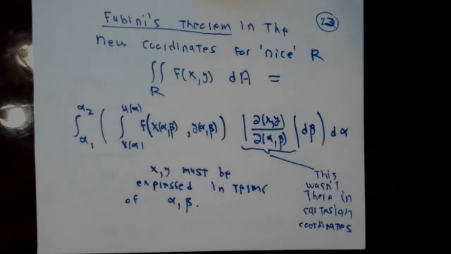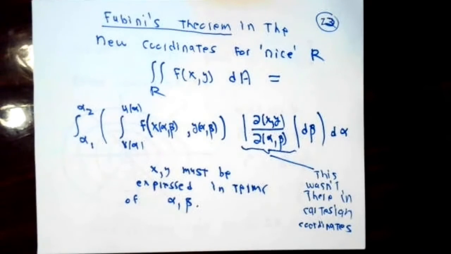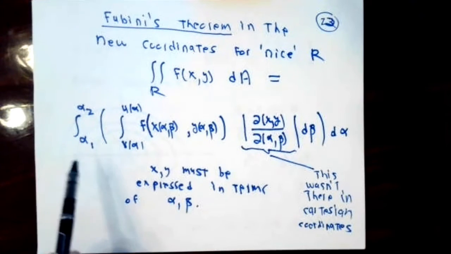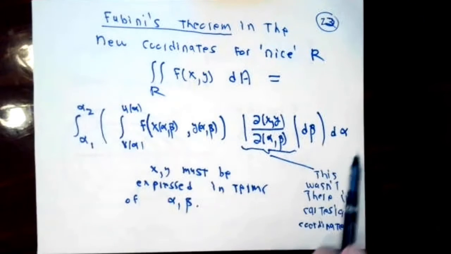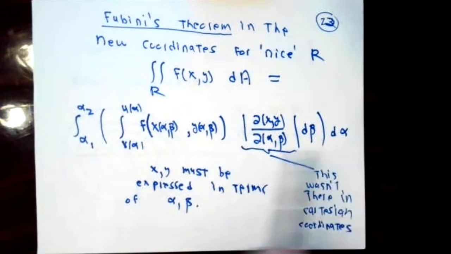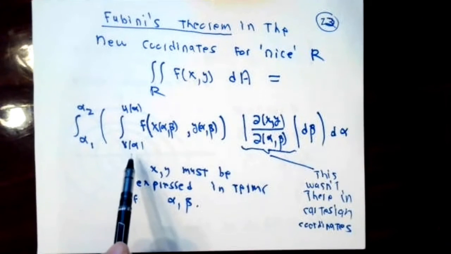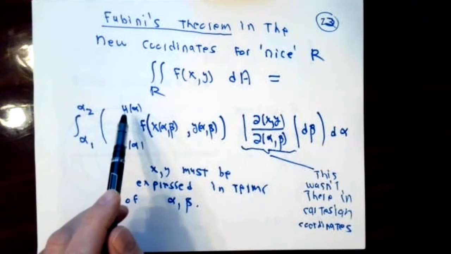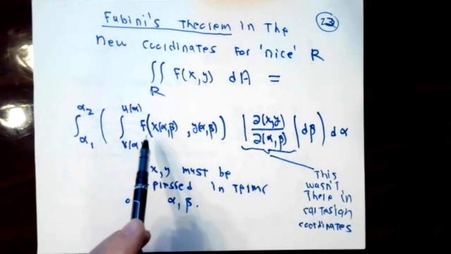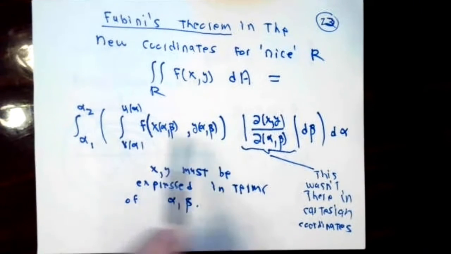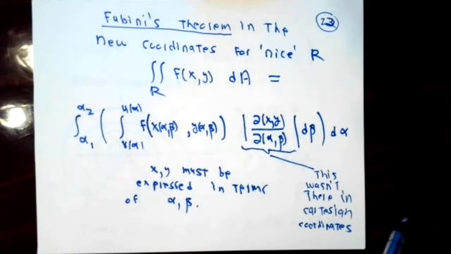Fubini's theorem in these new coordinates for nice regions R is going to be the integral from constant alpha 1 to constant alpha 2 with respect to alpha of the integral from v of alpha to u of alpha of, and now I have to be careful. In its usual formulation, f will be given in terms of x and y, but x and y are supposed to be functions of alpha and beta.